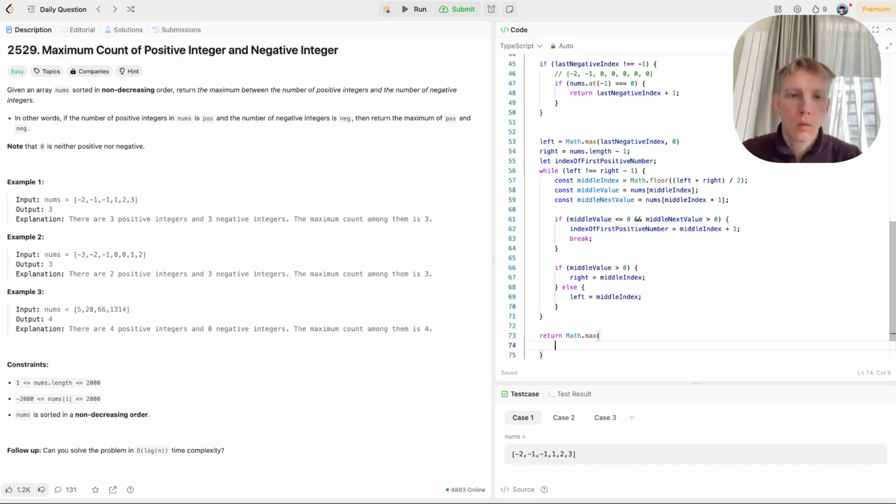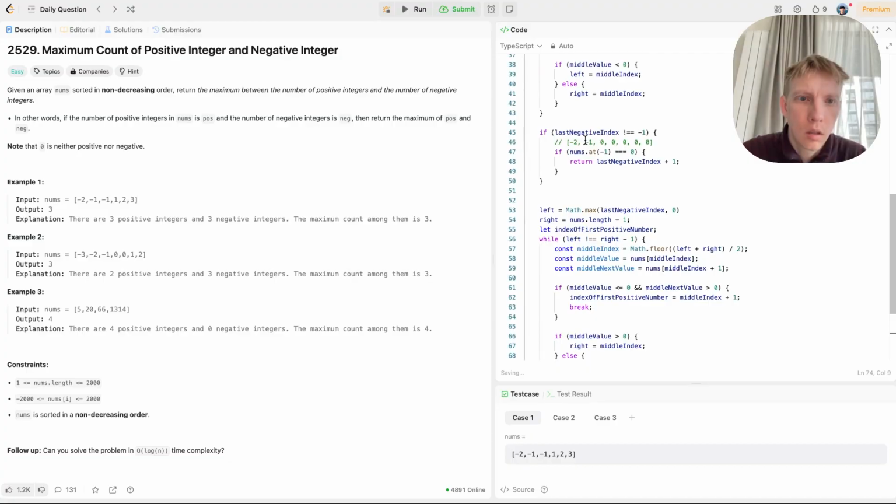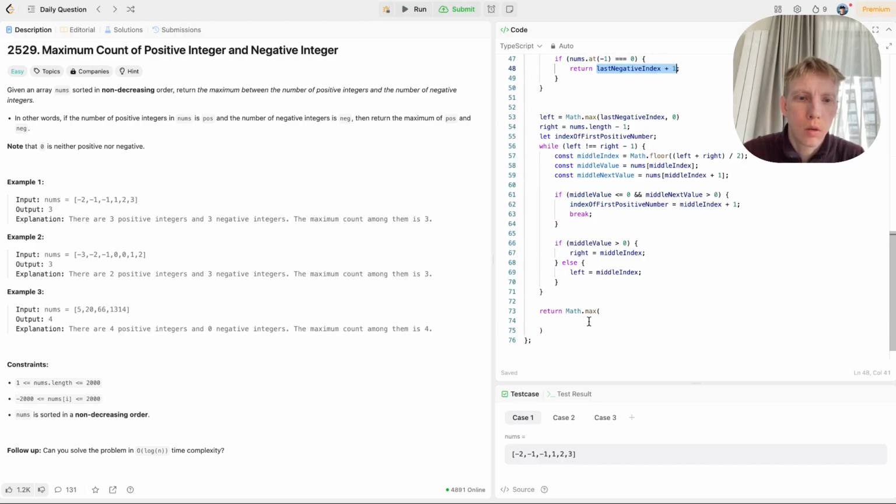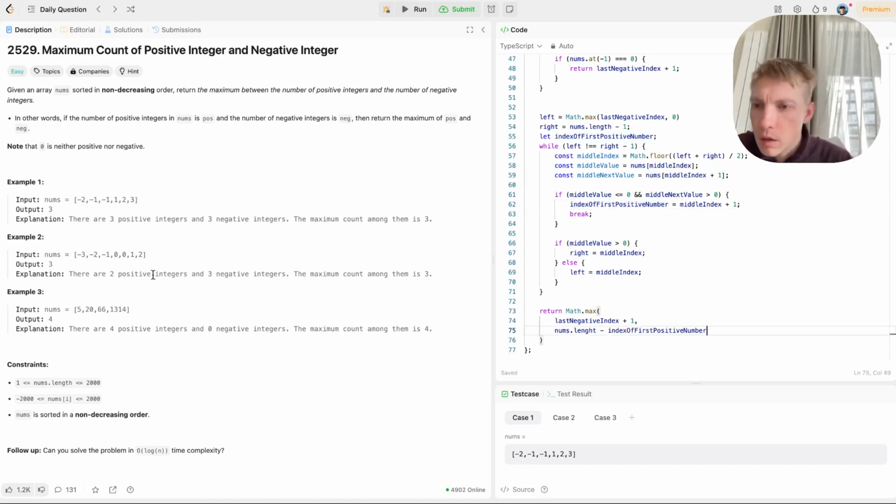Oh no, we can just get last negative index plus 1 and numbers length minus index of first positive number. So for example 6 minus 5, 0, 1, 2, 3, 4, 5, 1 plus 1.